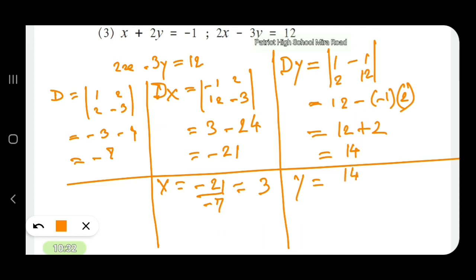Dy is 14 and d is minus 7. A positive quantity divided by a negative quantity will give you a negative quantity, so it will be minus 2. 14 divided by 7 is 2. So x is 3, y is minus 2.